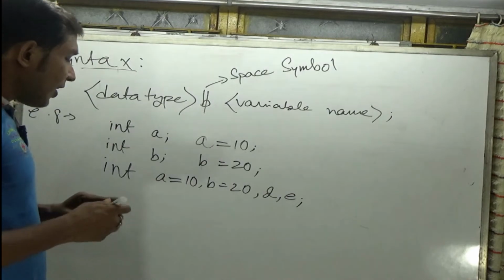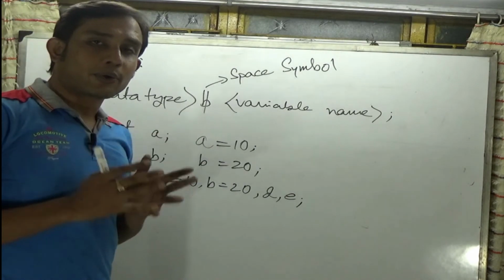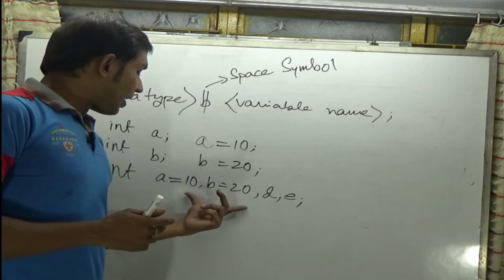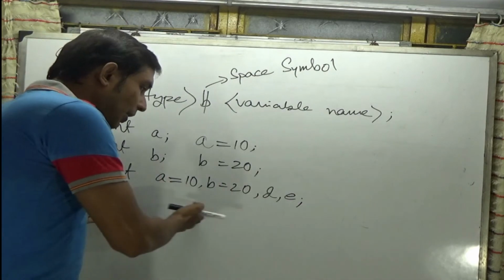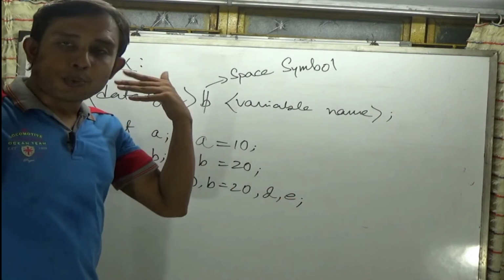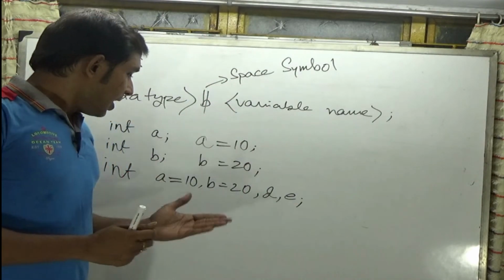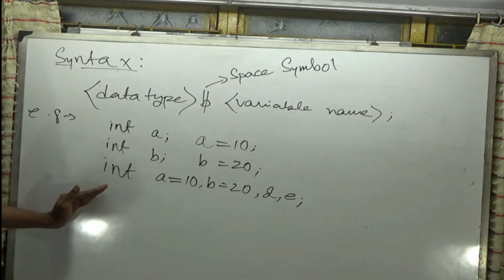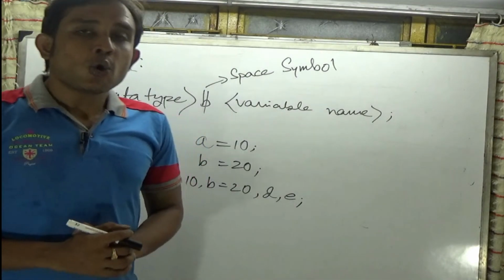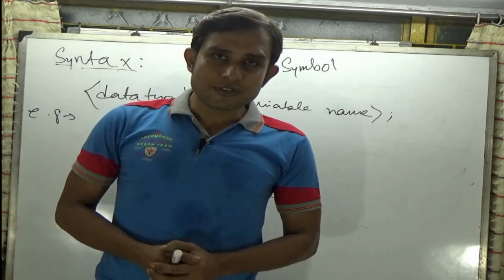So if I know the initial value of a particular variable, we can write it at the time of declaration or at any point of the program. So these are the different techniques by which we can declare different types of variables.